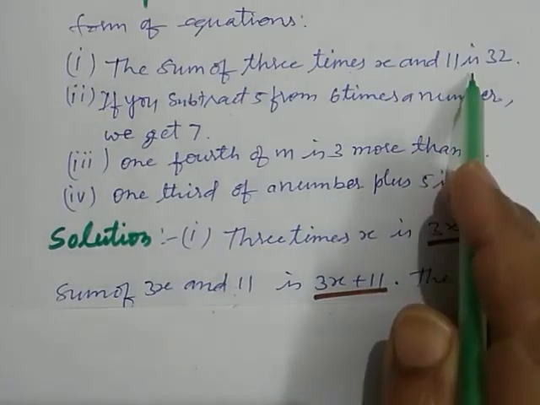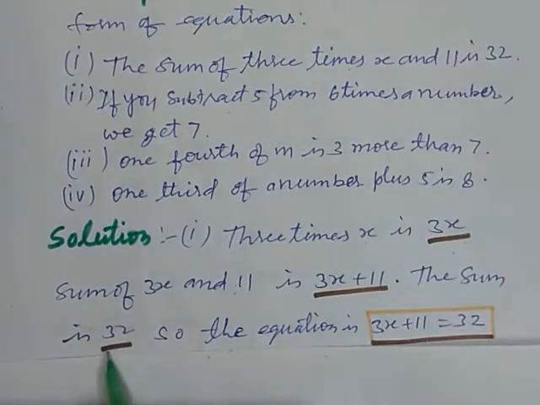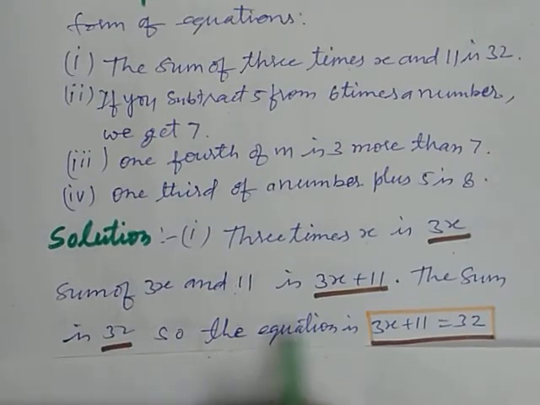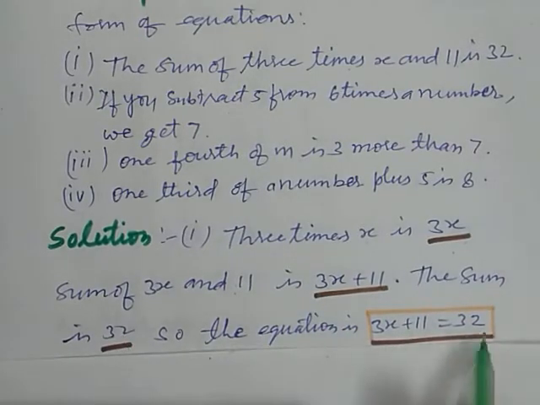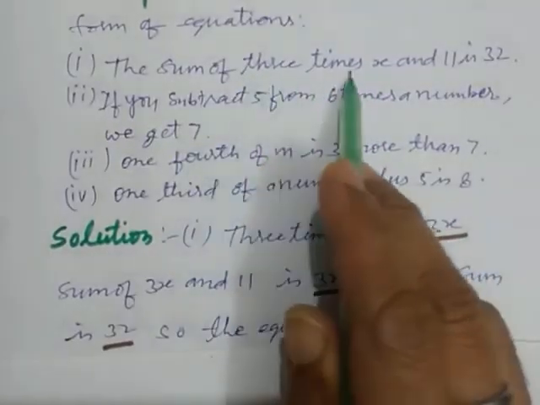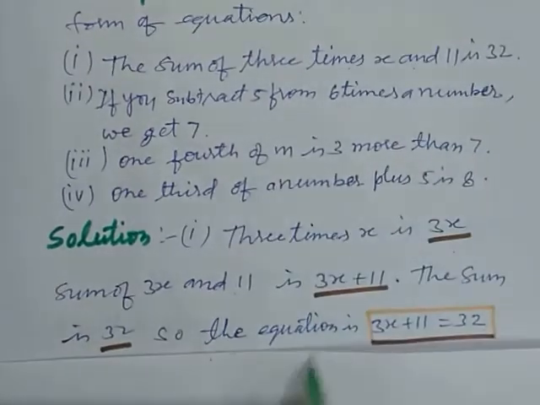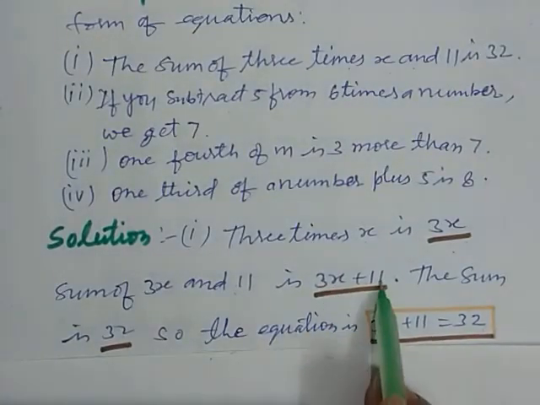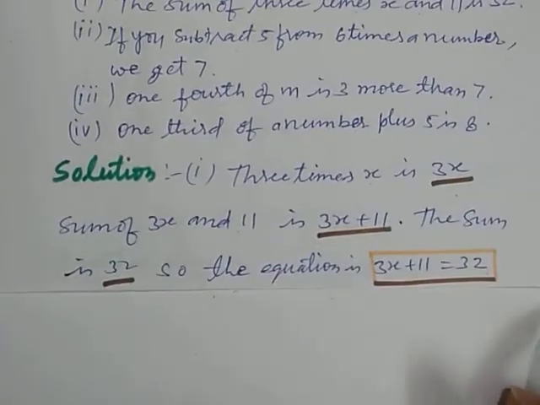This is equal to 32, so we equalize this to 32. This becomes the equation, because according to the statement the sum of 3 times x and 11 is 32. This is our equation. This way we convert statements into equations.